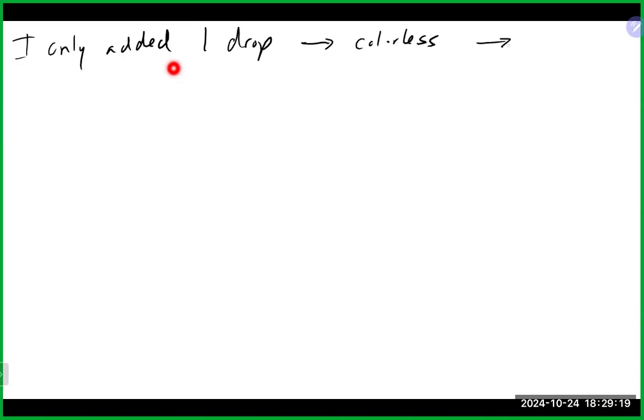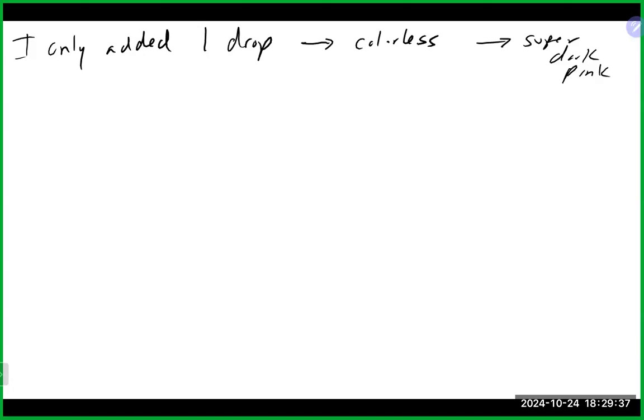You commonly hear people say, I only added 1 drop, and that thing went from colorless to super dark pink. In fact, you might say that yourself later today, or somebody near you might say that. But it's a very common thing like, hey, I don't get it. I just had 1 drop. It was like no color, and now it's like dark pink.